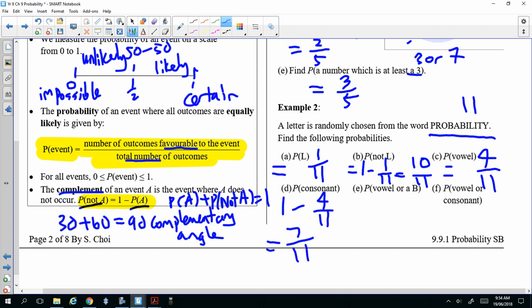Vowel or a B? 4 vowels plus the B's, and there are 2 B's, so it's 6 out of 11. And finally, vowel or a consonant, that's everything, which is certain. Any question?